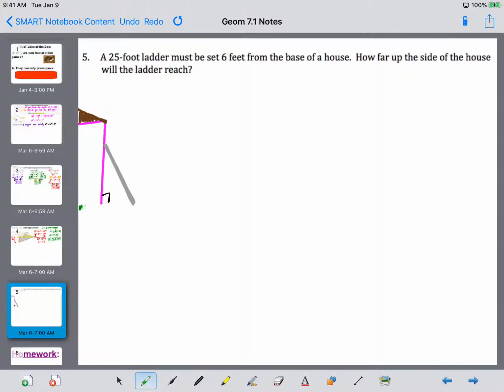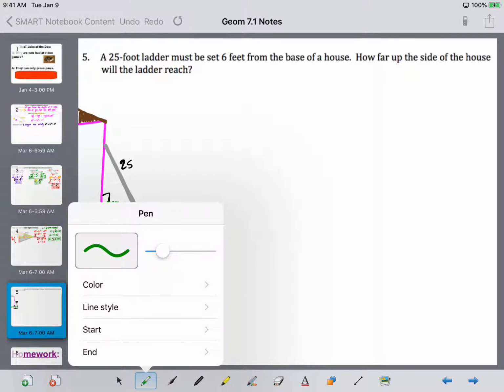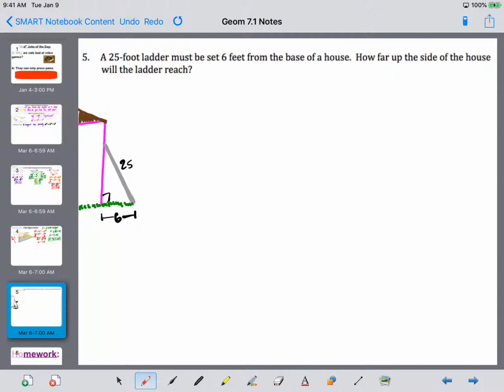All right, so we've got this situation going on, and we know that the ladder is 6 feet away from the house, so that right there is 6. We also know the ladder is 25 feet long. So we're trying to figure out how far up the house it reaches. In other words, we're trying to find the leg of this right triangle. So I'm going to call it A just to keep things simple.